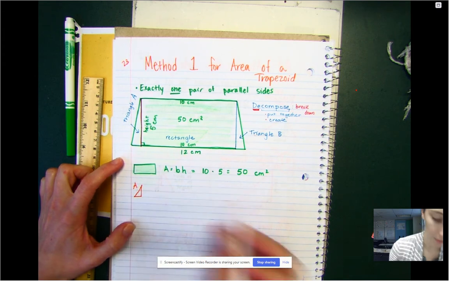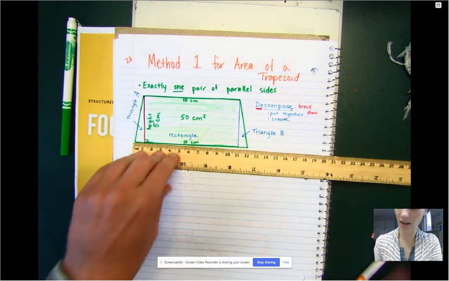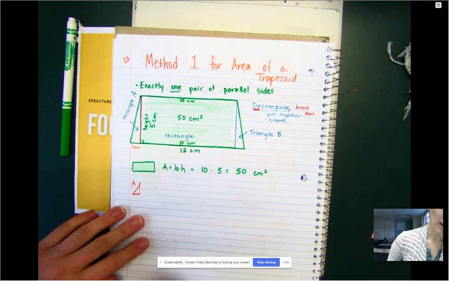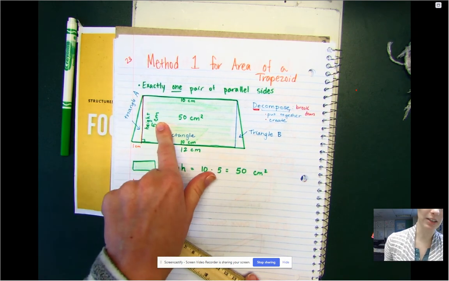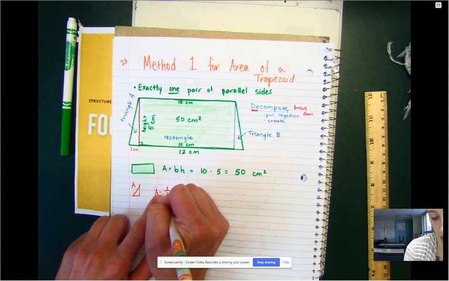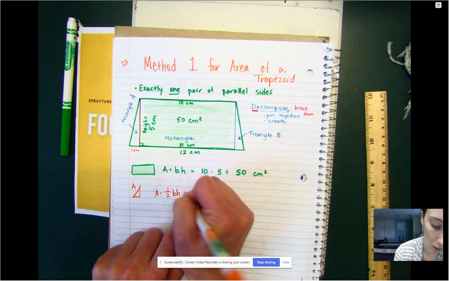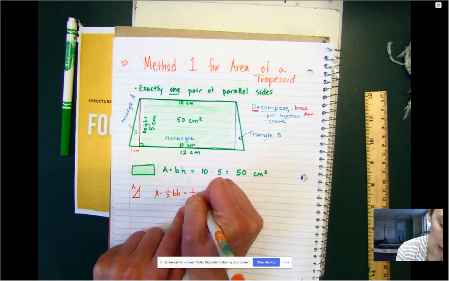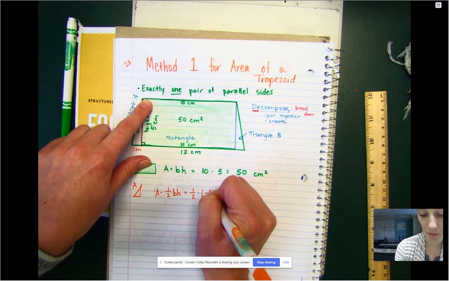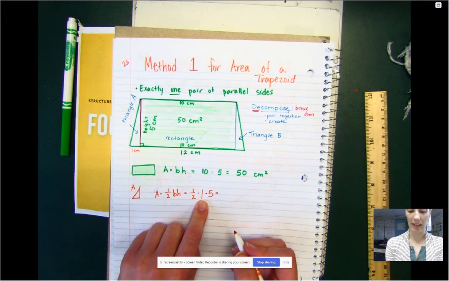Okay, let's look now at triangle A, right here. Triangle A has a base of 1 centimeter and a height of, we still have this, 5 centimeters. And we know that the area of a triangle is 1/2 the base times the height, or base times height divided by 2. So if I have 1/2 times the base is 1 times the height is 5, 1/2 of 1 is half.